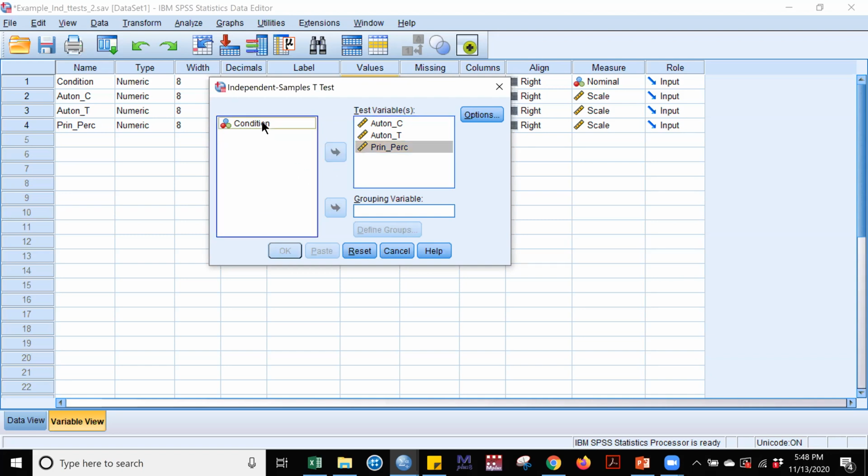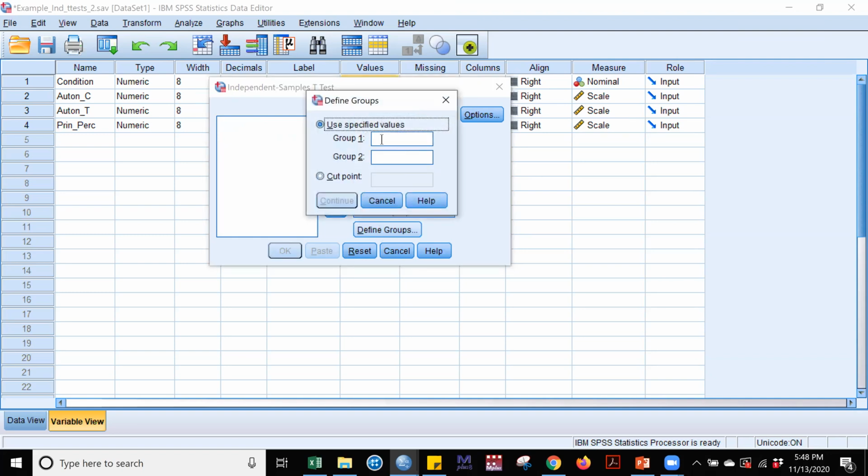We need to know our grouping variables, so the variable that distinguishes the 2 groups we want to compare, and that is named condition. And the 2 groups for condition have been coded as 1 and 2. So you have to put in the proper code value, and you want to put them in the proper order. When you have a 2-tailed hypothesis, order matters because it will affect whether you have a positive or a negative result.